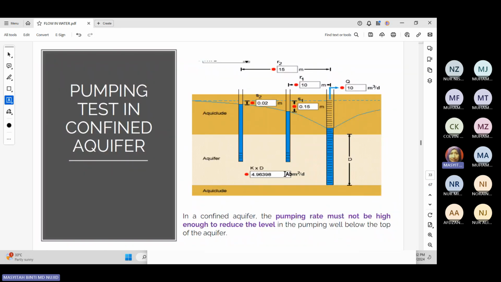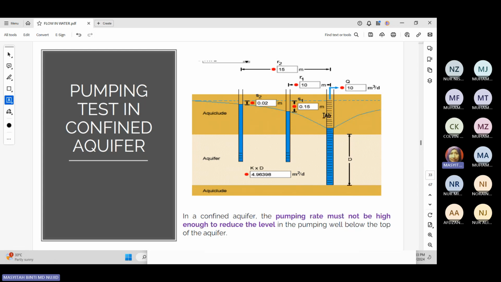So now we go to the pumping test in confined aquifer. So untuk pumping test in confined aquifer, first of all you kena tengok the set apparatus arrangement at site. So kita ada constructed well, kemudian kita ada observation well pertama, kita ada observation well kedua.